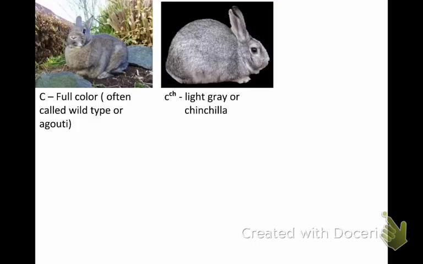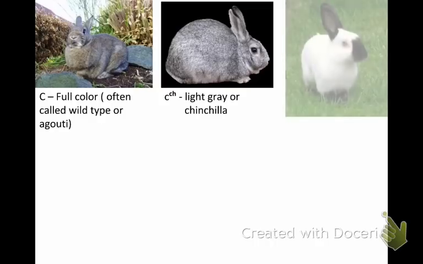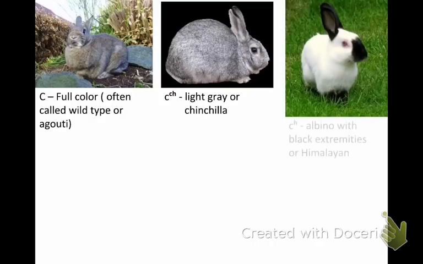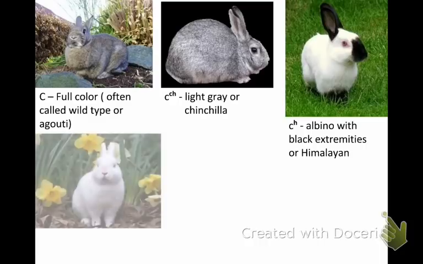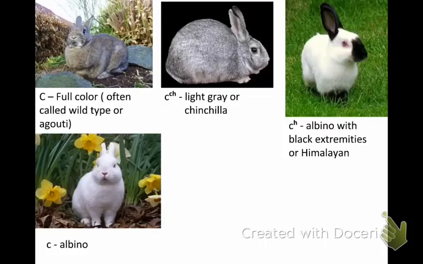C^ch is light gray, which is called a chinchilla color. I think that one's cute. C^h is albino with black extremities, or what we call Himalayan. That's what the little h stands for, Himalayan. And last but not least, we have little c, which is albino. All white.